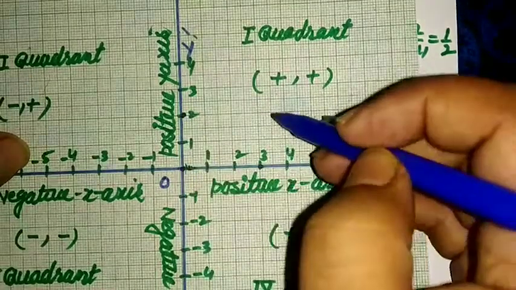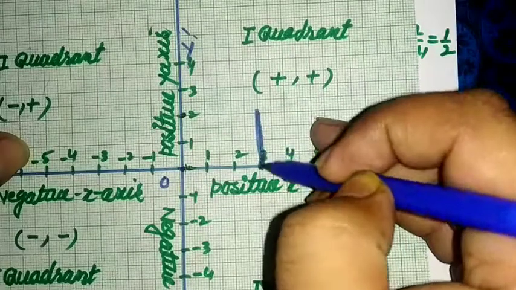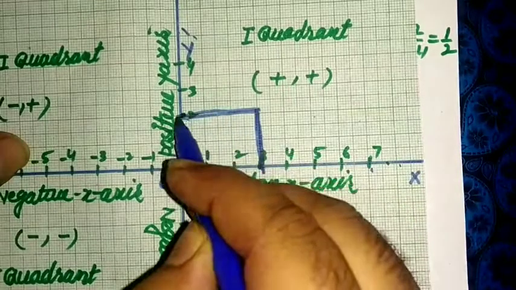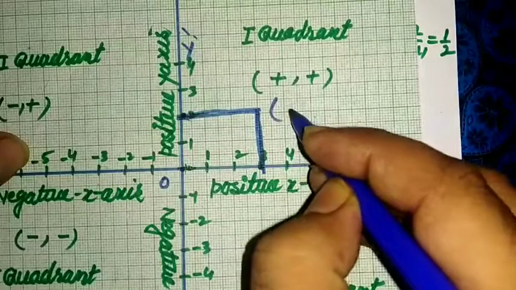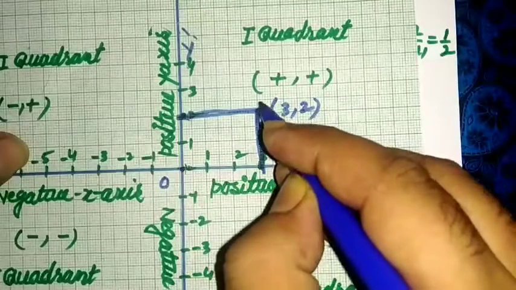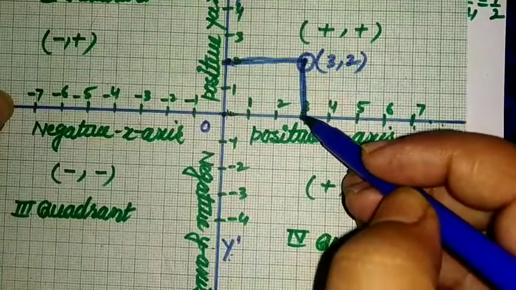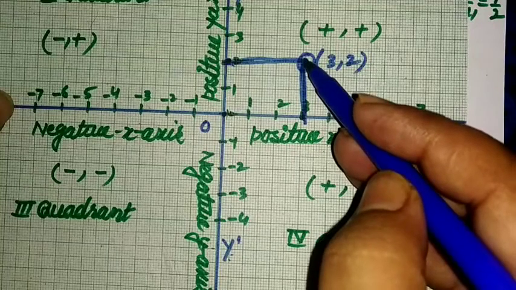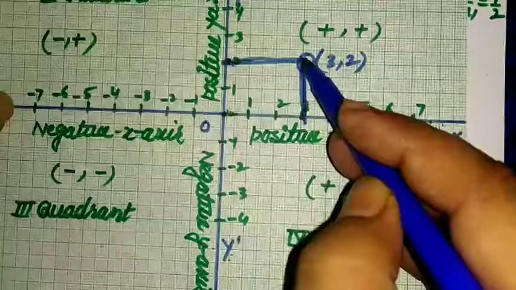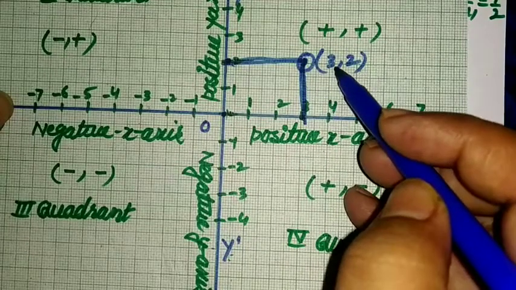So we draw a perpendicular line here. This is the point 3, 2. Here we can locate it. First we see 3, and in front of 3 we go to 2. So this is the location of the point 3, 2.